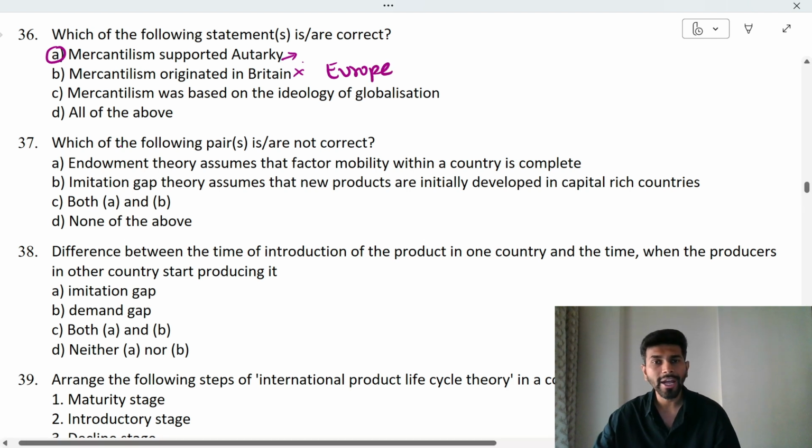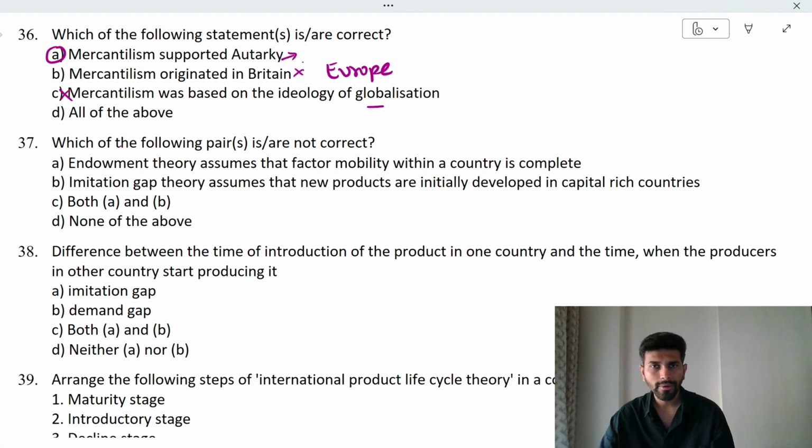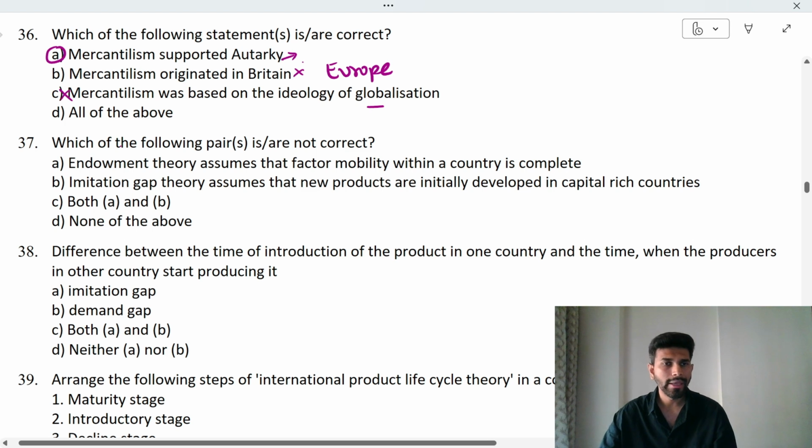Mercantilism was based on ideology of globalization. False, because mercantilism says that you should only increase your export and restrict import. You should accumulate only gold. So C is also not correct. A option is the correct answer.